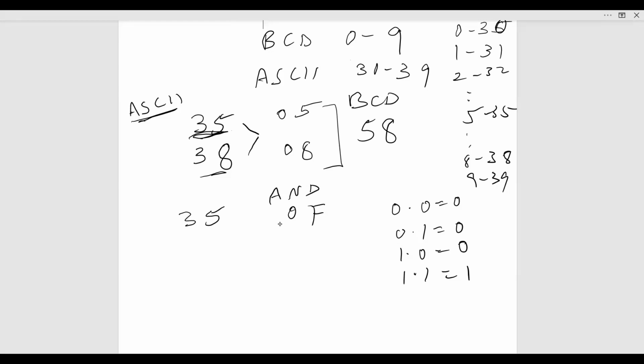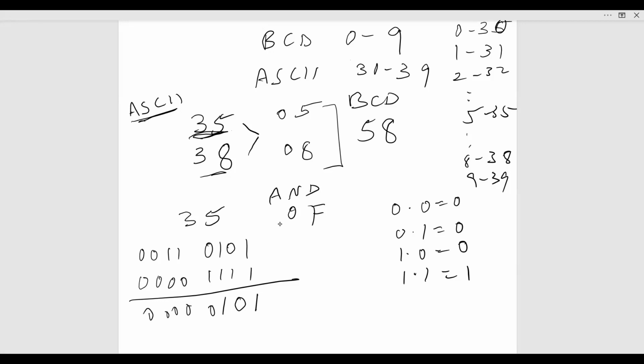First convert the numbers to binary. The binary equivalent of 3 is 0011, 5 is 0101. And 0F is 0000 1111. Now, perform AND operation: 1 and 1 is 1, 0 and 1 is 0, 1 and 1 is 1, 0 and 1 is 0. And if you perform AND operation with 0, we get only zeros. So, what is this number?